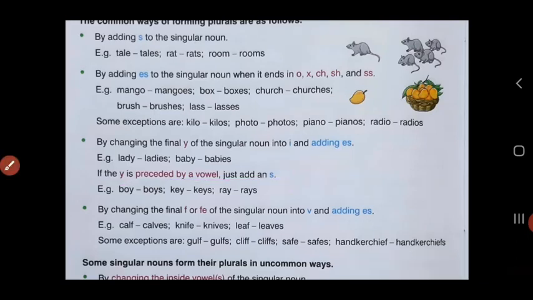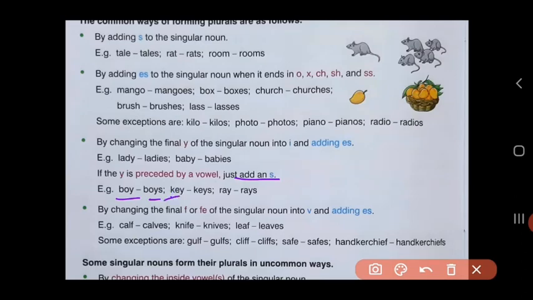Let's see some examples. Boy ends with Y, but before Y, which is the letter? O. And O is a vowel. So I will use this new rule and only add S to boy. Plural becomes boys.